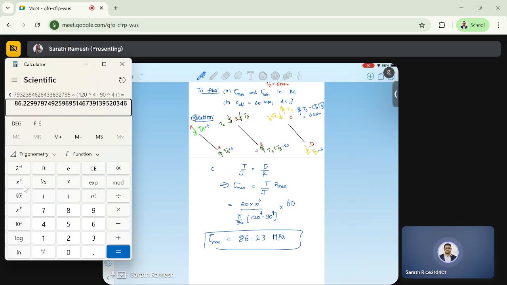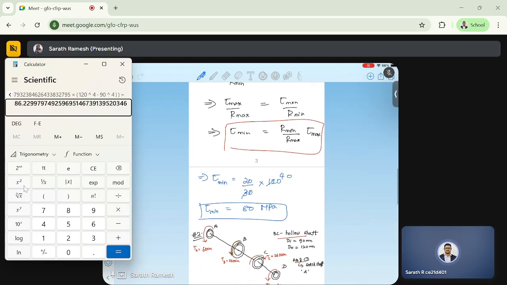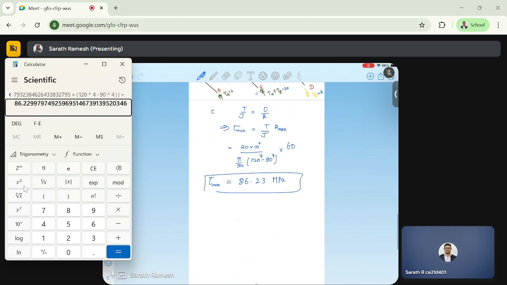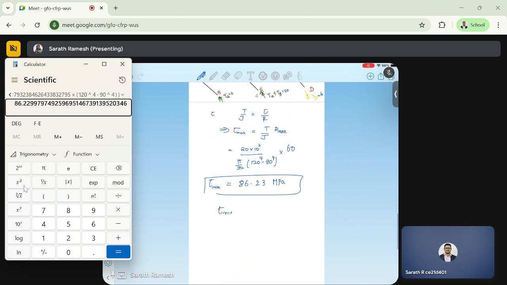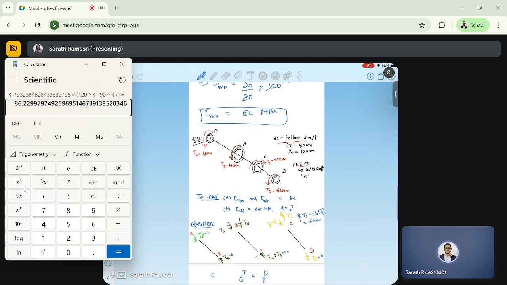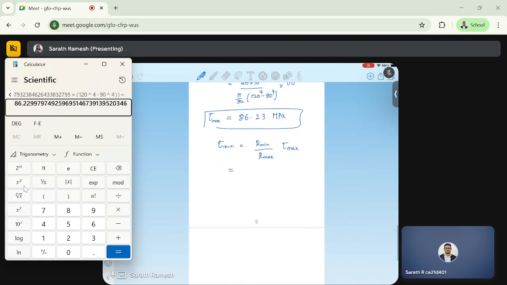Right. Now, if I want to find tau min, I can just substitute tau min equal to R min by R max into tau max. So this is equal to, what is the minimum? 90. R min or T min, both can be, this is 45 by 60 into 86.23.